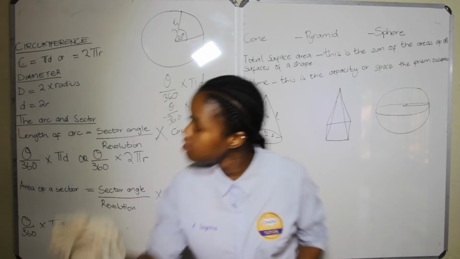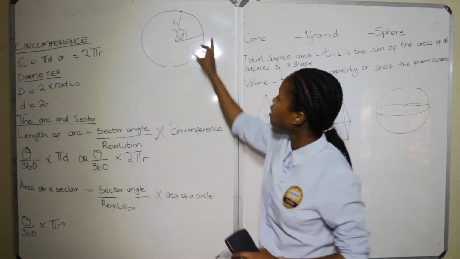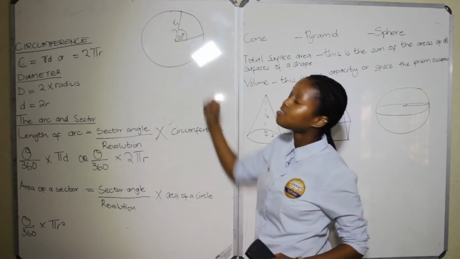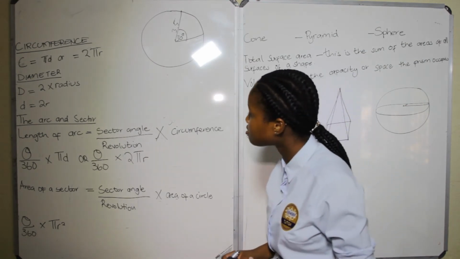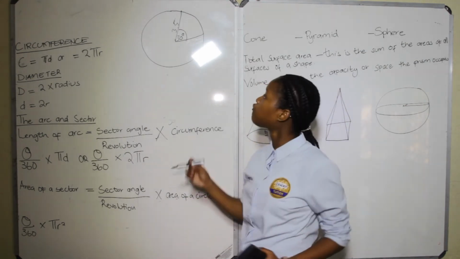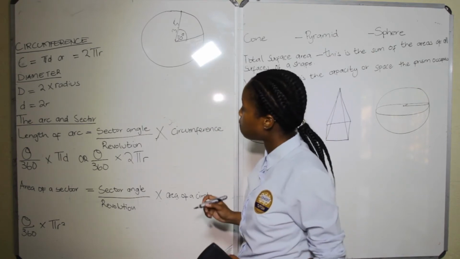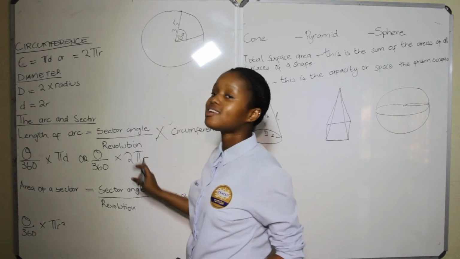So, in this case, our question that I've written for you is a circle, and your sector angle is 30 degrees. Your radius in this case is 3.5. So if a question comes, says, what is the length of the minor arc? What are you going to do? Remember we said it's a sector angle.